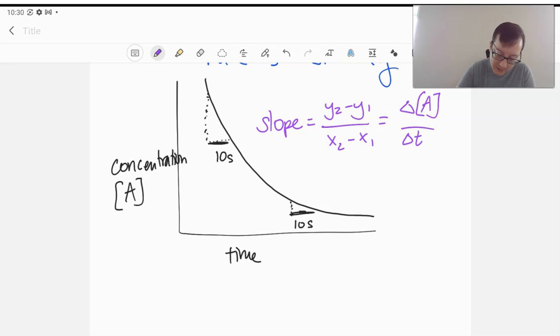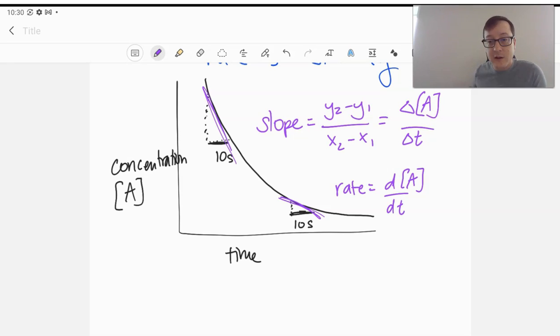Here we have the slope of the tangent line to these curves at these points. We don't have to do the calculus here, but really it's dA/dt. We could say that as well, although we will not need calculus to solve anything here. d is the same as delta.